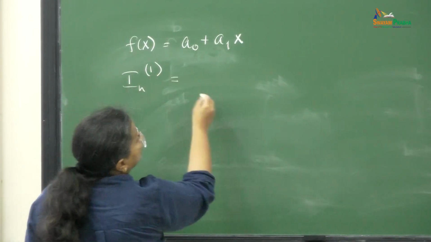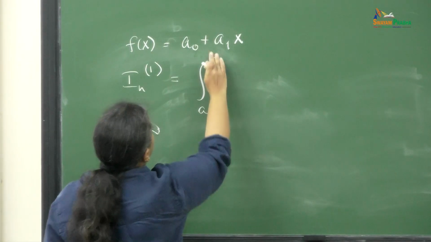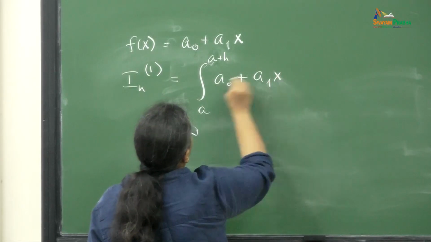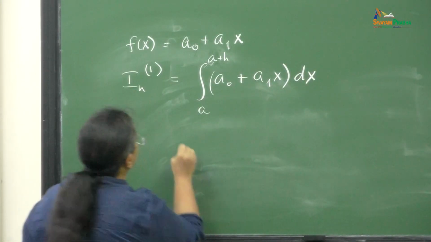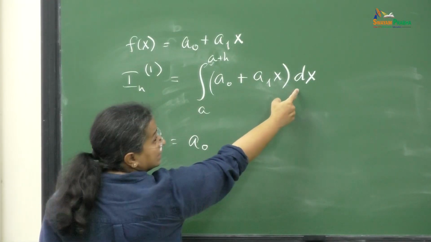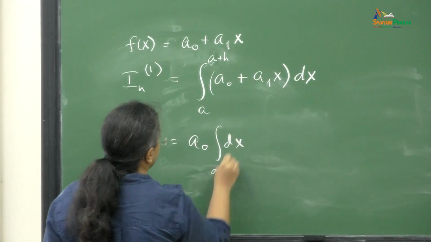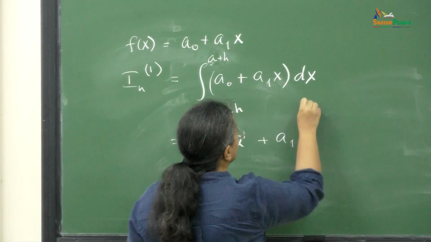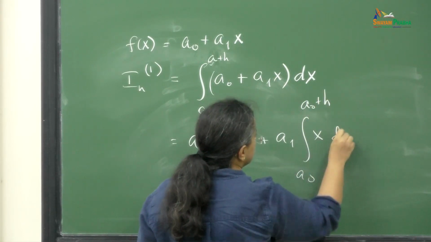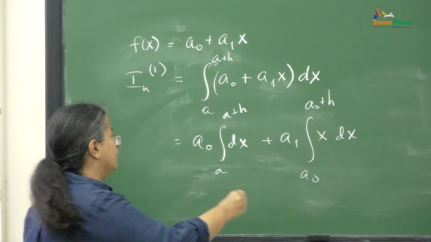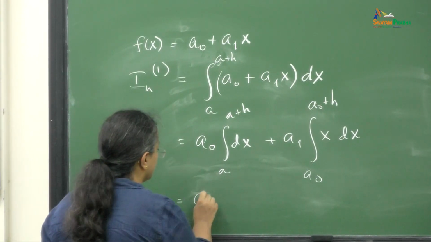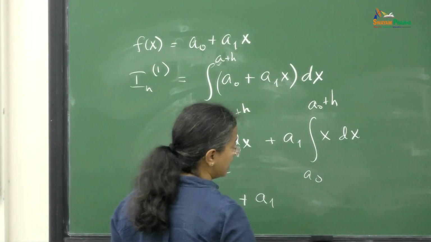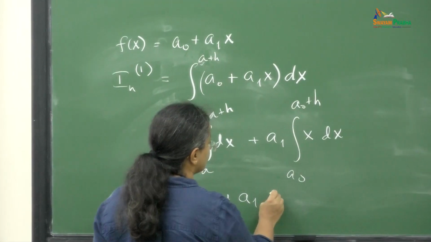This IH1 is going to be the integral from a to a plus h of a0 plus a1x dx, which is a0 if I integrate dx between a to a plus h, plus a1 integral a to a plus h x dx. What does this give me? This gives me a0h plus a1. What will I get? x square. Correct?